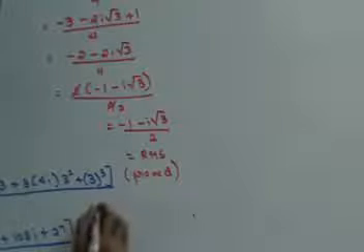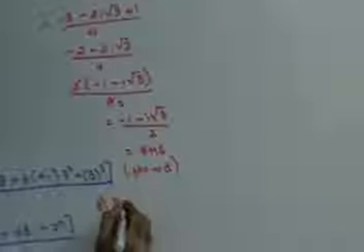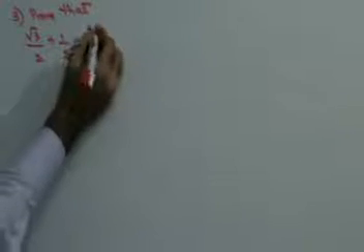Right? Next, prove that root 3 upon 2 plus i upon 2 is cube root of i. I have to prove that root 3 upon 2 plus i upon 2 is cube root of i.